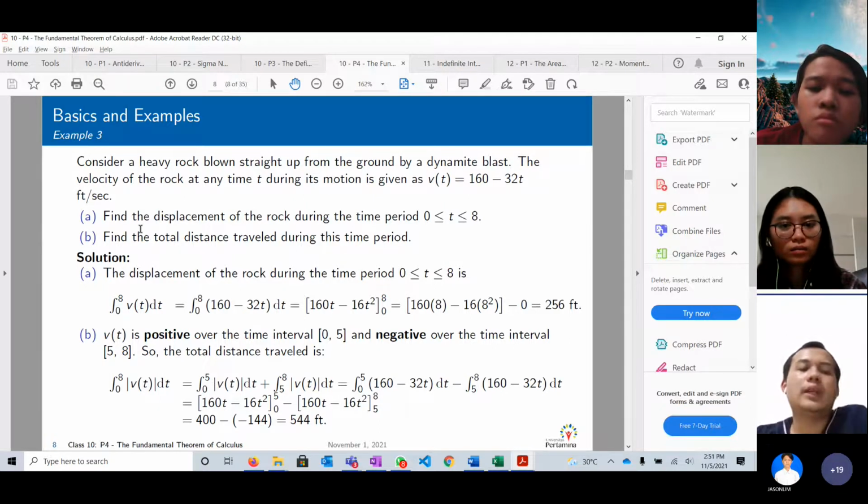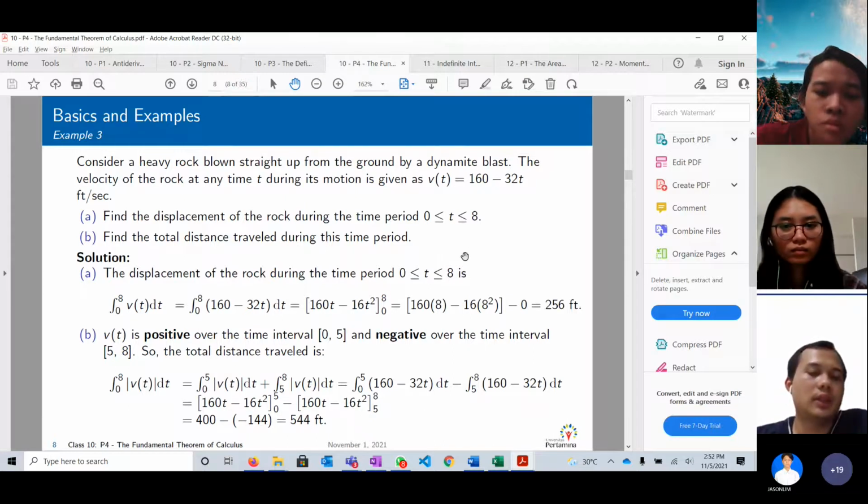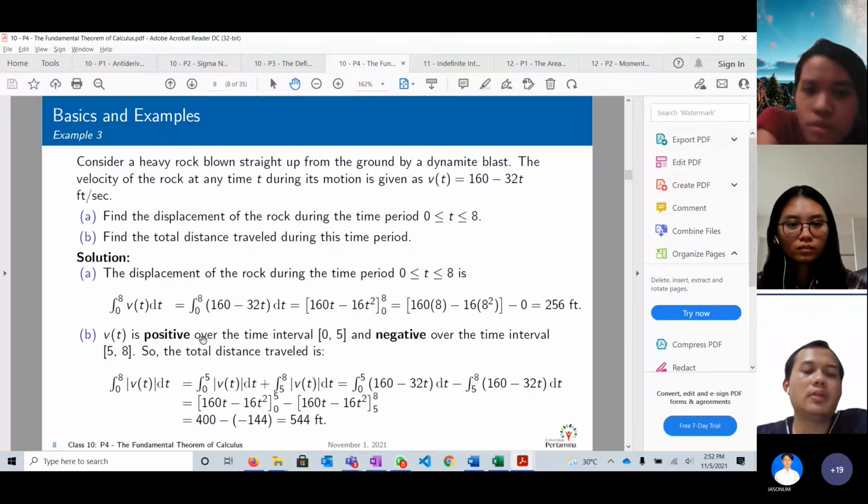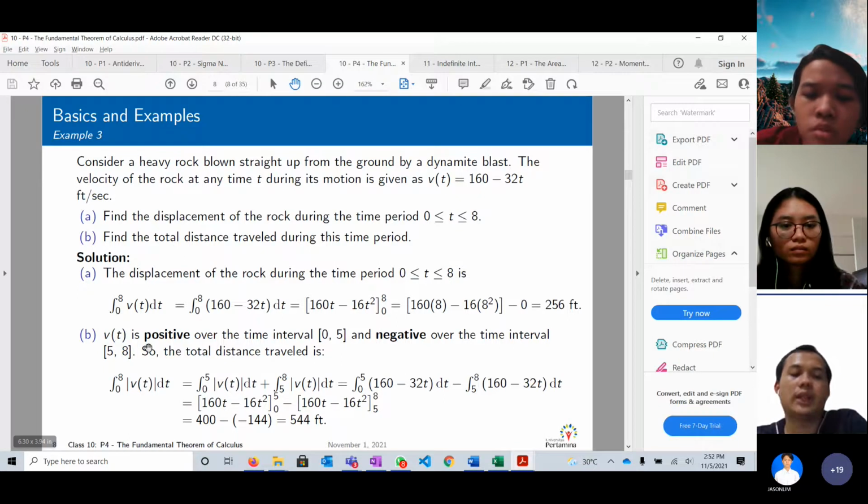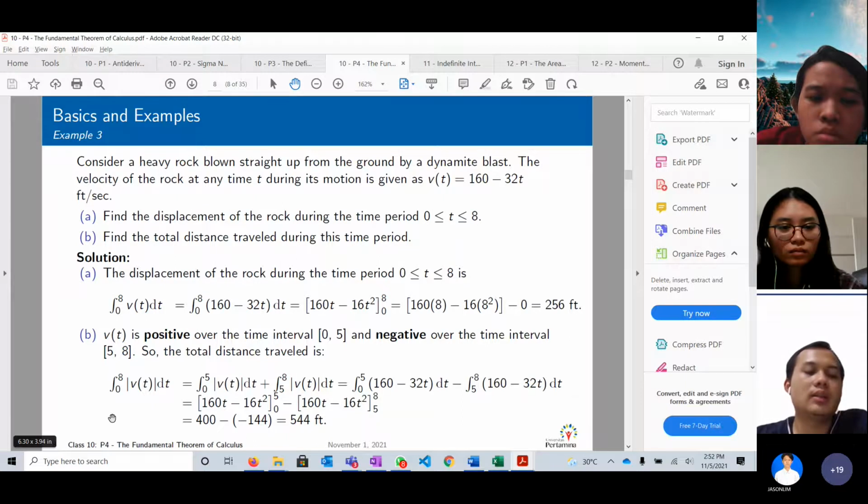If we want to find the total distance traveled, we have to make sure that all the values of v are positive, but here we have that v is positive over the time interval from 0 to 5 and negative from 5 to 8. So in this case, the total distance traveled is basically, we also take a definite integral, but now we take the absolute value.